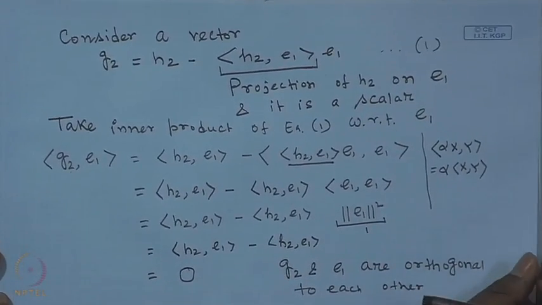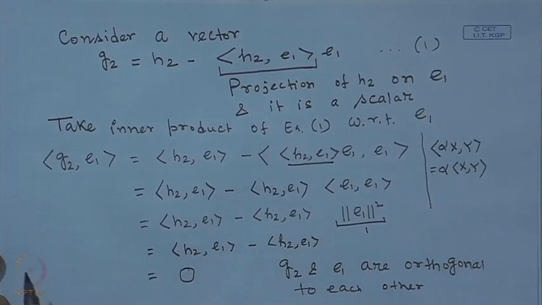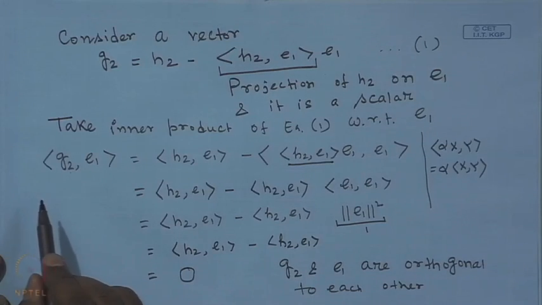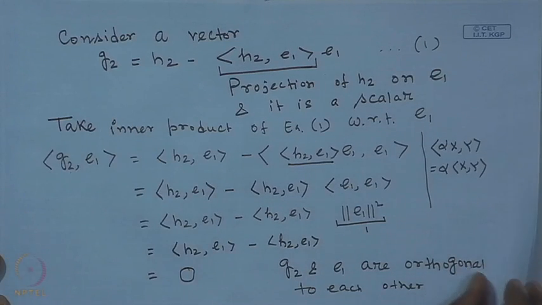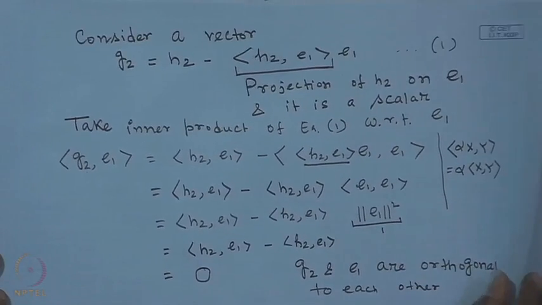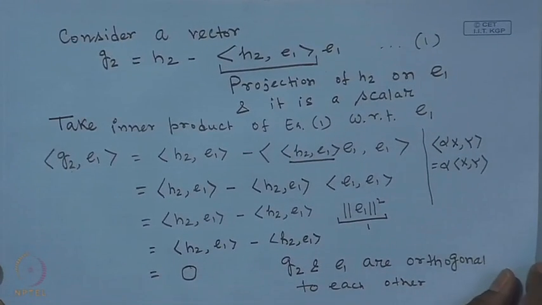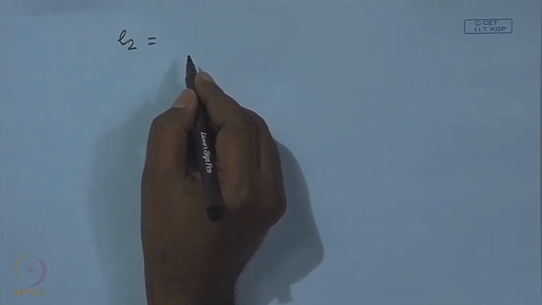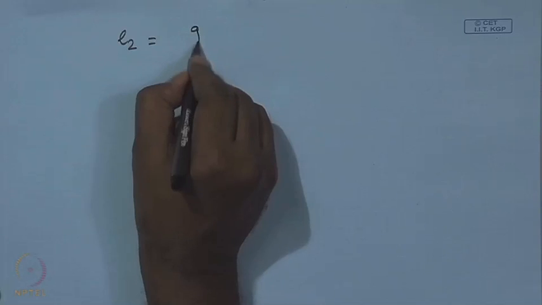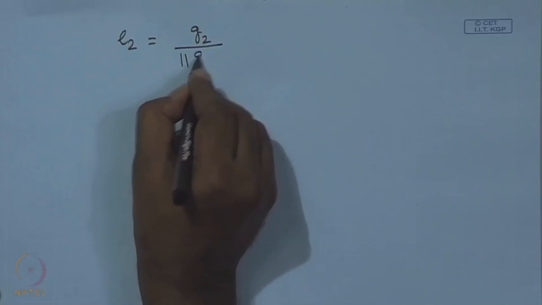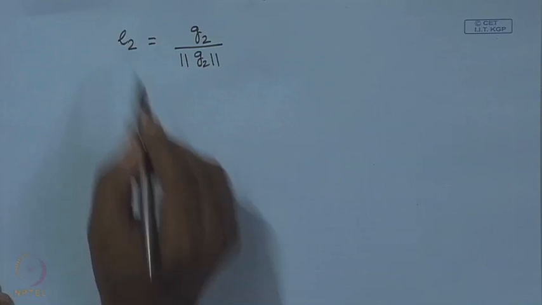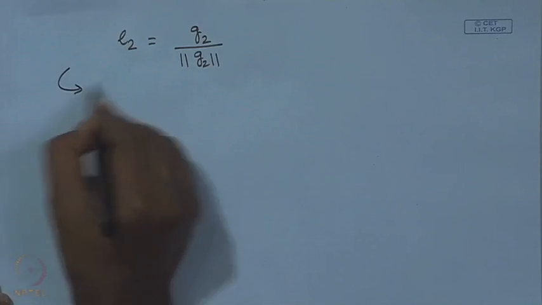So, we get the second vector of the target set E. We can ensure at this point that G2 and E1 are orthogonal, that is fine, but G2 is not orthonormal. We have to make the norm of G2 to be 1 to make it an orthonormal set. So, the next element of the target set, E2, is nothing but G2 divided by norm of G2.